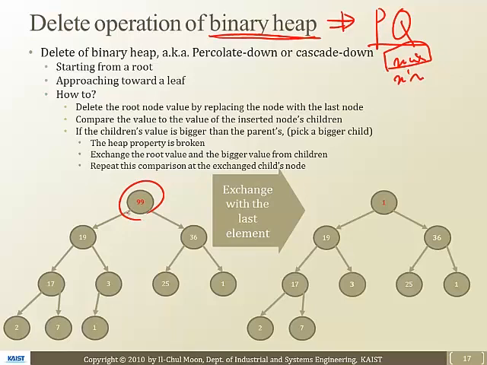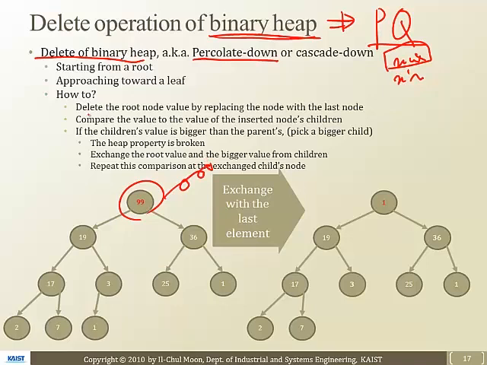And after taking the root, how can you delete the 99? After this 99 is gone, the root is empty. How to fill in this root? That's the key of this delete operation, and this delete operation is, in other words, the percolate down operation. And how to do that? First, we are going to take the 99 away, right?